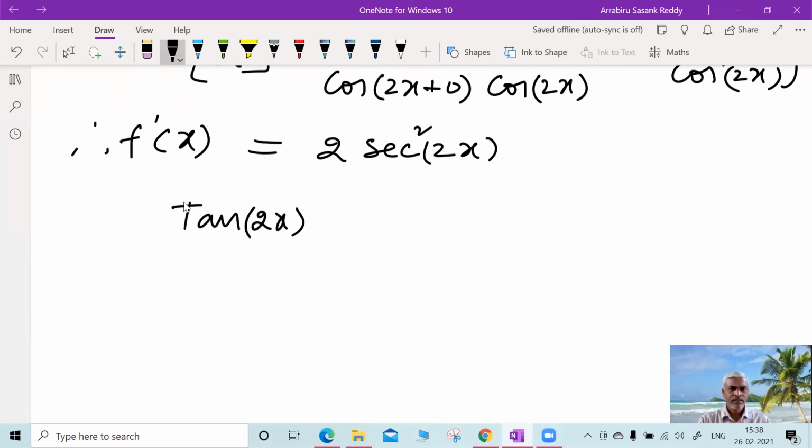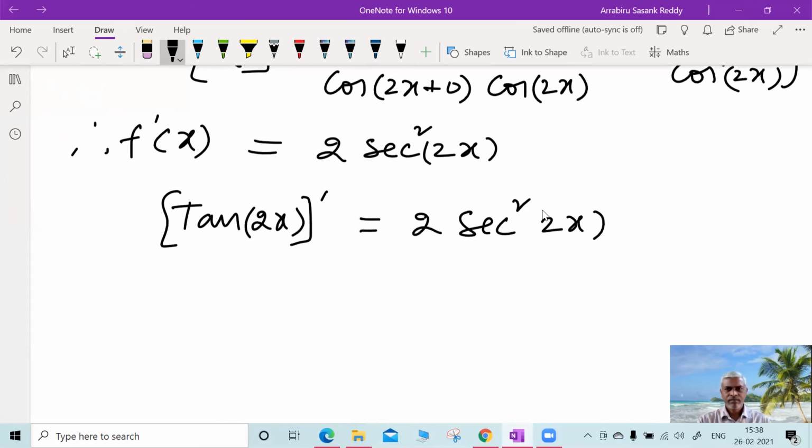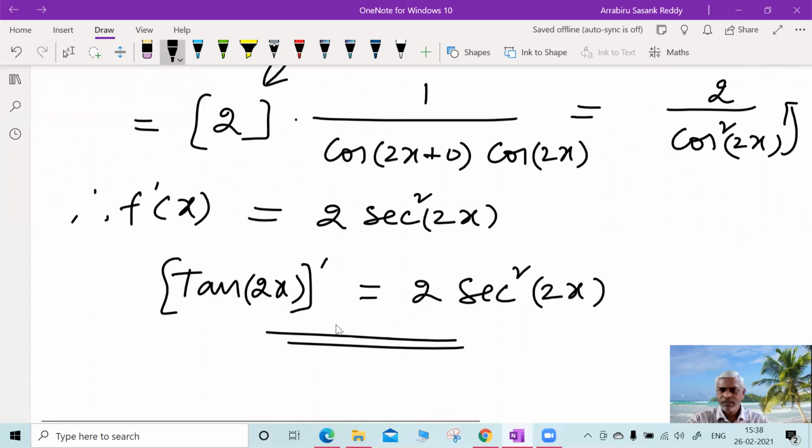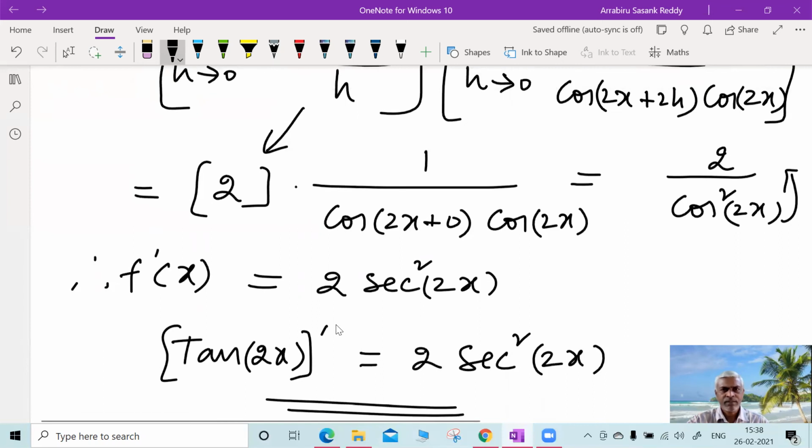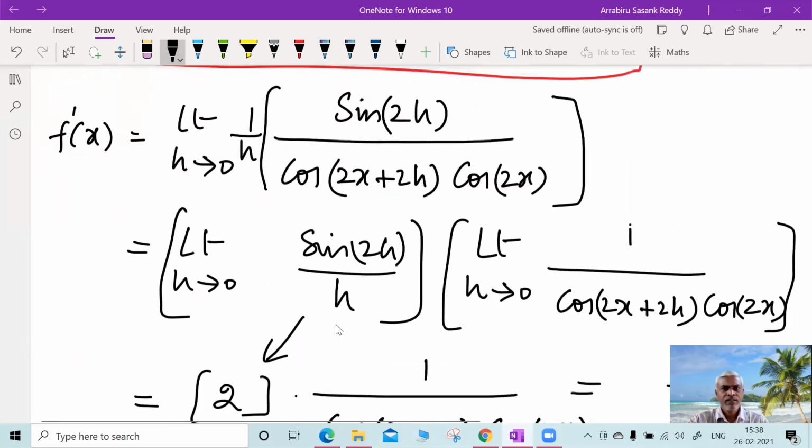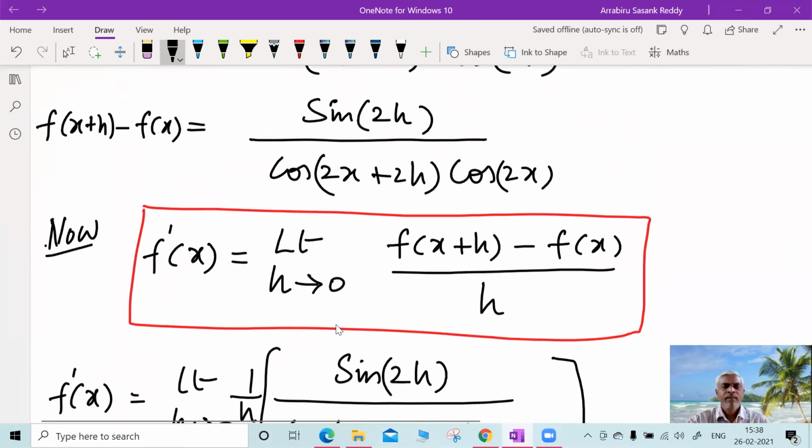So the tan 2x derivative by using first principle is 2 sec square 2x. So this is very, very important, finding the derivative by using first principle. You can solve the other problems from the textbook by using first principle. Practice some more problems. So thank you for watching this.